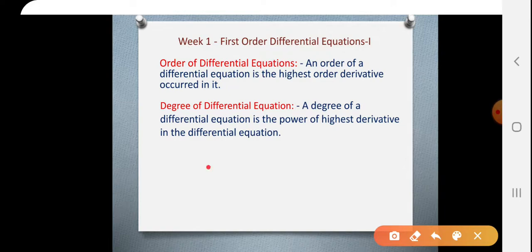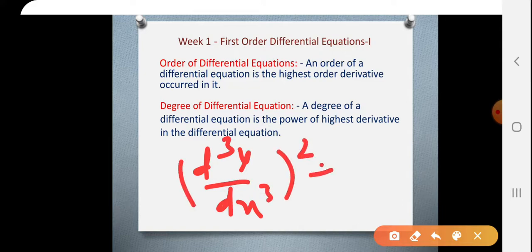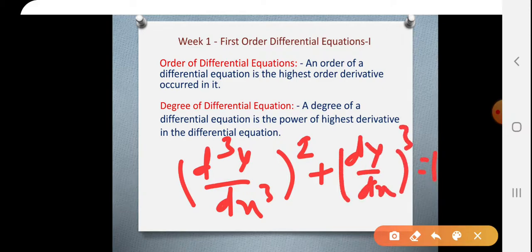Suppose I have d cube y by dx cube whole square plus (dy by dx) whole square, whole cube is equal to 1. Now here you have to see which is the highest order derivative occurring in your equation. Here d cube y by dx cube, its square; the highest order derivative is d cube y by dx cube. So the order of this differential equation is 3.